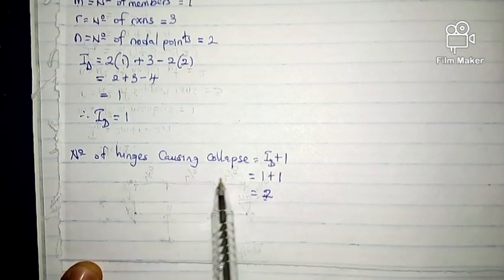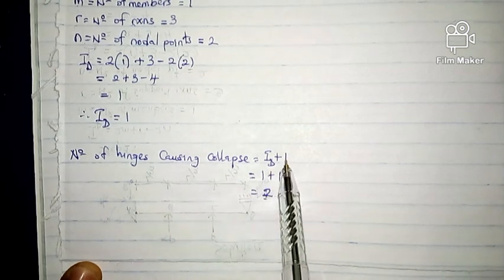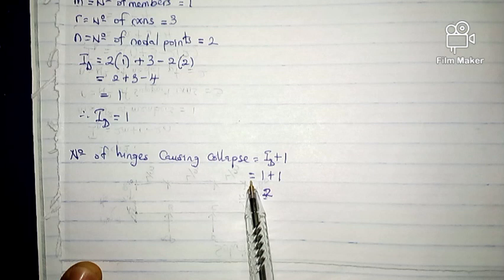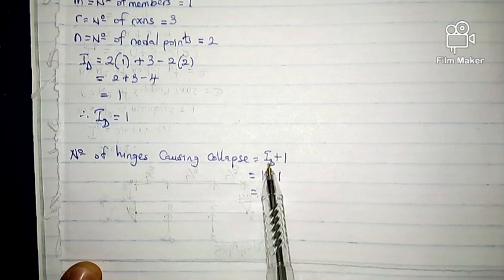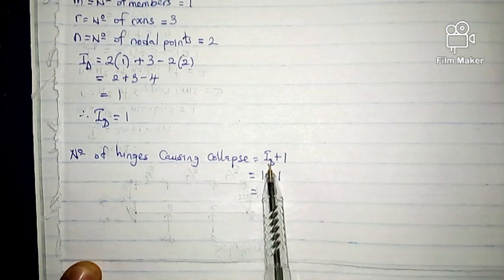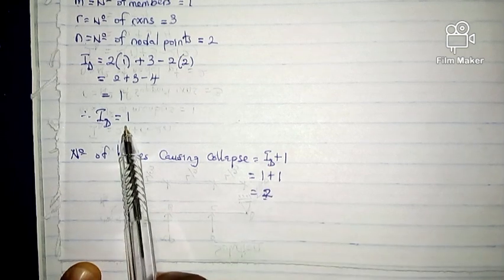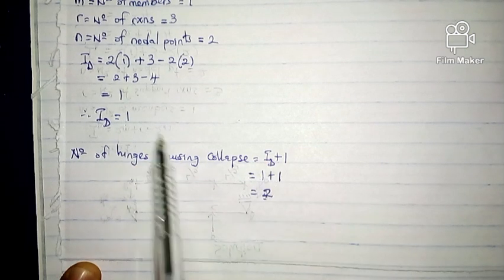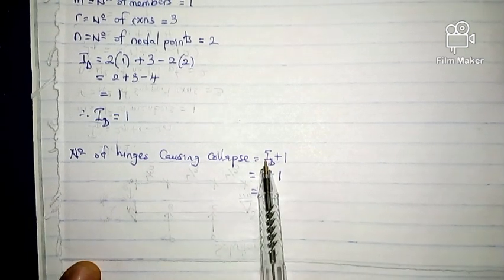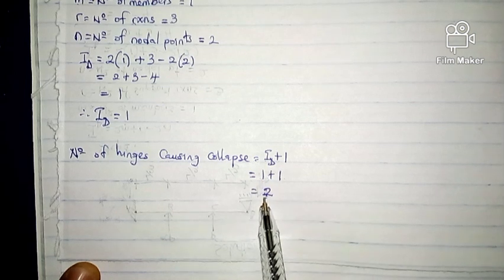Number of hinges causing collapse is equal to ID plus 1, which is equal to 1 plus 1, since we have gotten our ID as 1. So substituting, we have 1 plus 1, which is equal to 2.